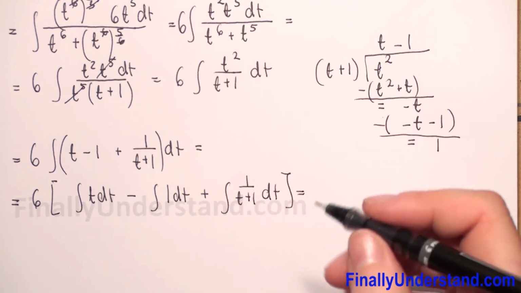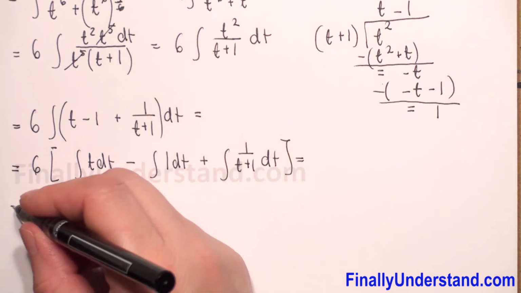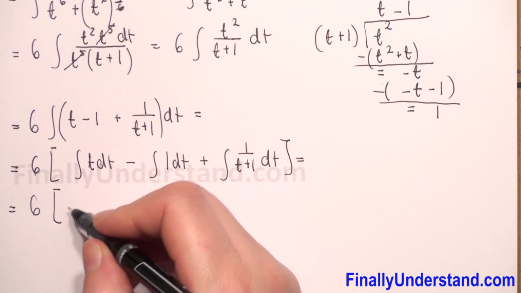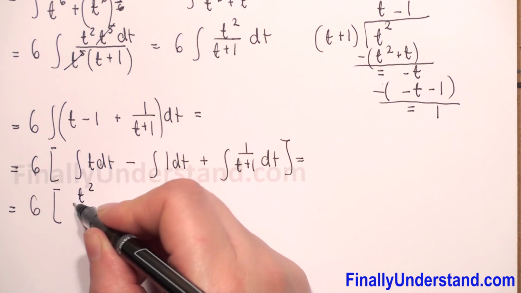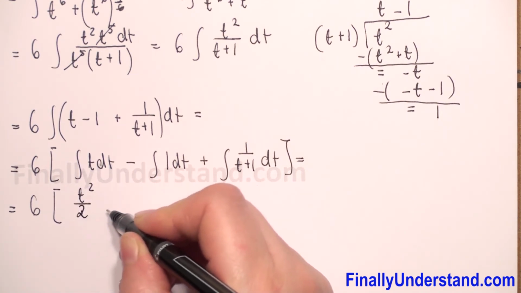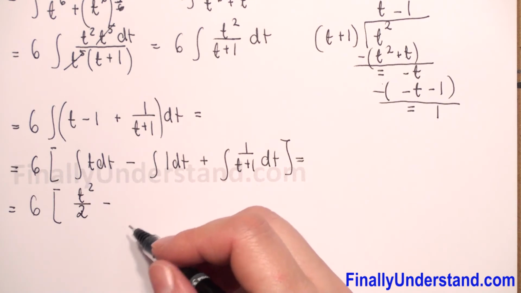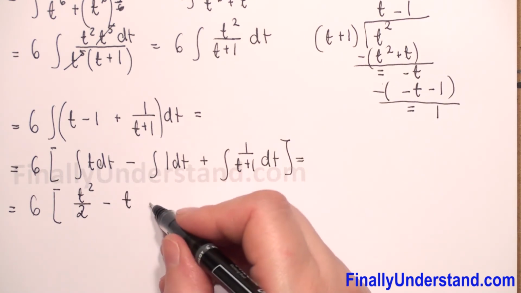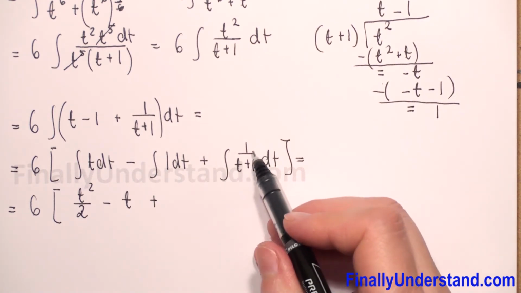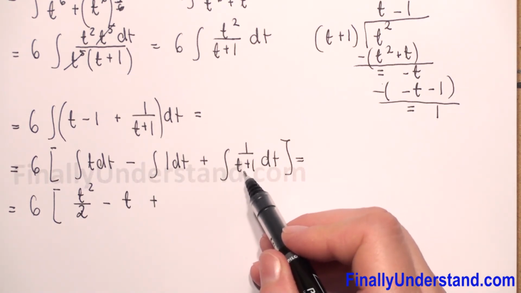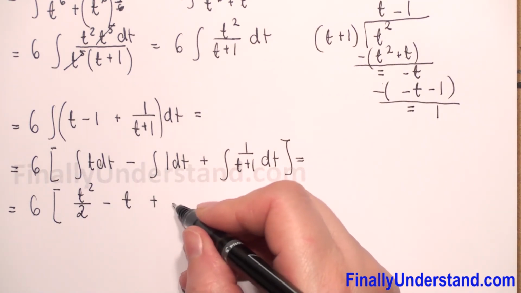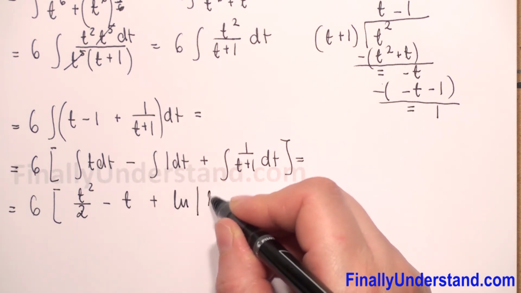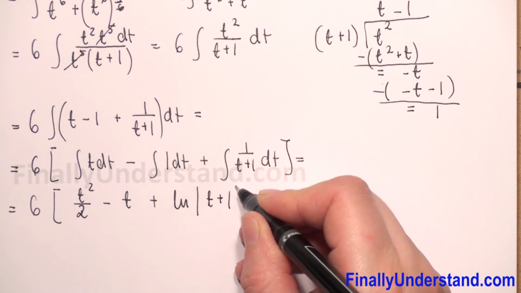So this is equal to 6 times the integral of t is t squared over 2, minus the integral of 1 with respect to t is t, plus, and we have in the numerator the derivative of the denominator, so this is equal to the natural logarithm of the absolute value of t plus 1.